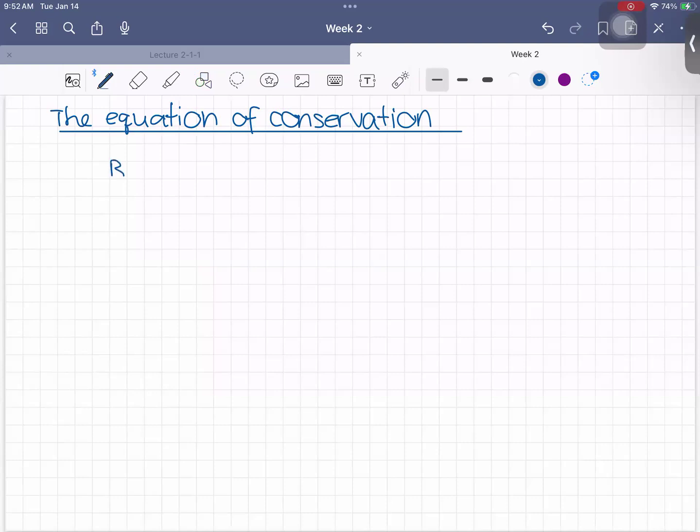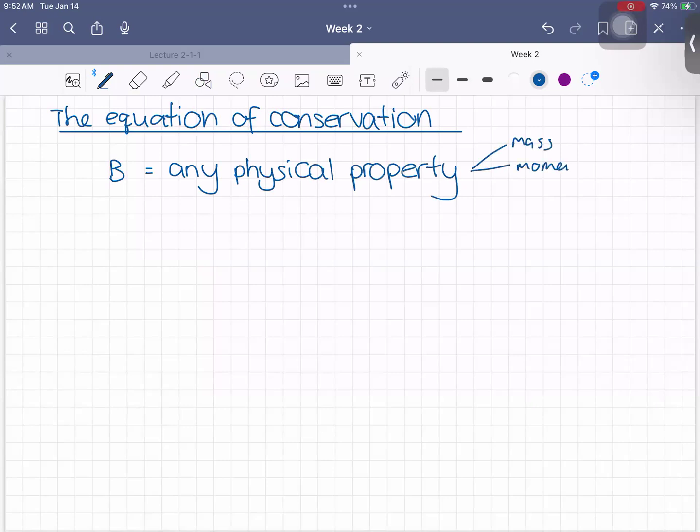I'll define a new variable, capital B. B here is any physical property, which can be mass, momentum, or energy, whatever you're focusing on.